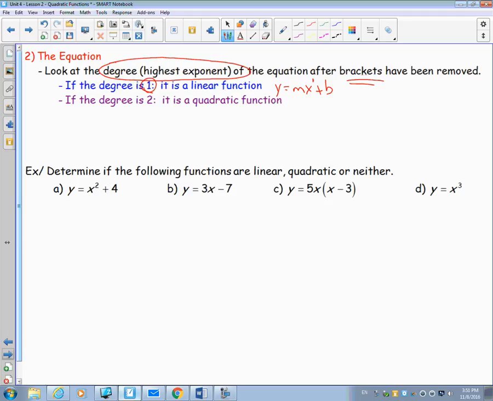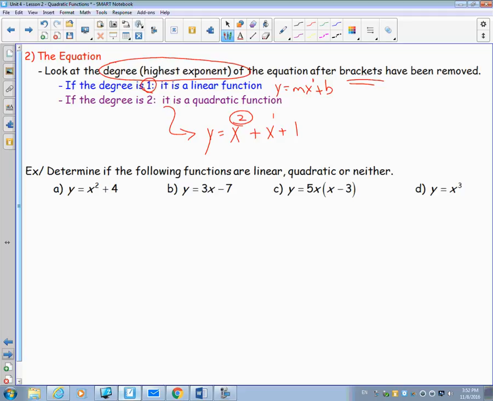That's a linear thing. If your degree is a 2, it's a quadratic thing. So for instance, y equals x squared. I see an exponent of 2, that's quadratic. Now you can have a mix of things like this, but remember we're looking for the highest exponent. Well, 2 is more than 1, which is more than no exponent at the end. The highest exponent is still 2.